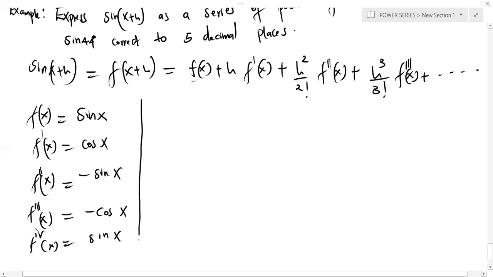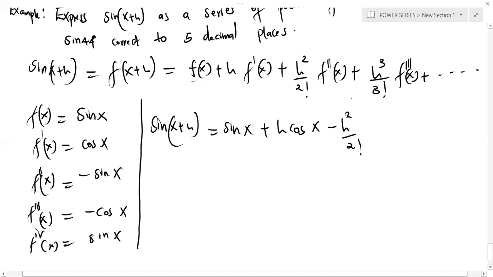So replacing these values into the formula, we'll have sine x plus h is equal to f of x, which is sine x, plus h f prime of x, which is h cos x, plus h squared over 2 factorial. So this has a minus here, so we'll have minus h squared over 2 factorial f double prime of x, that is sine x.